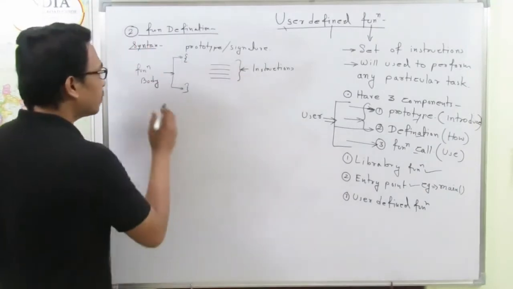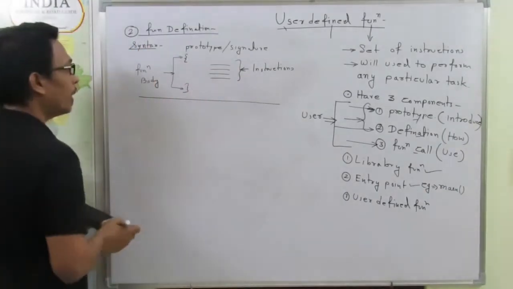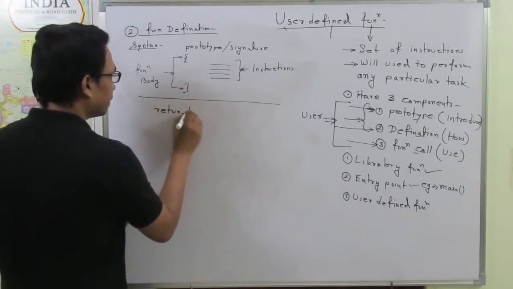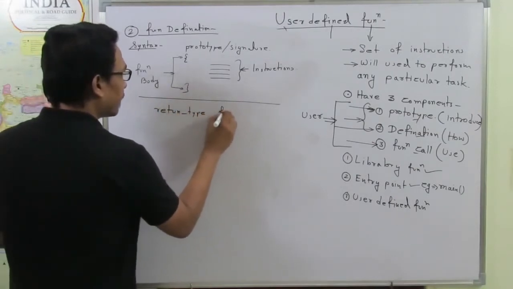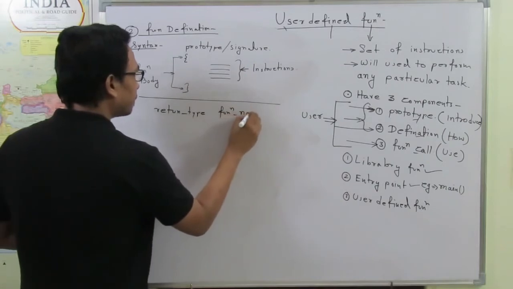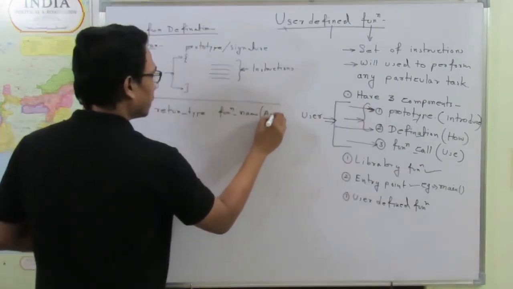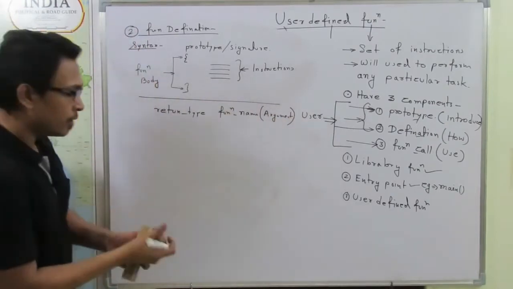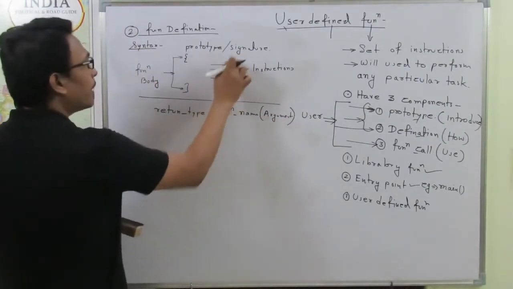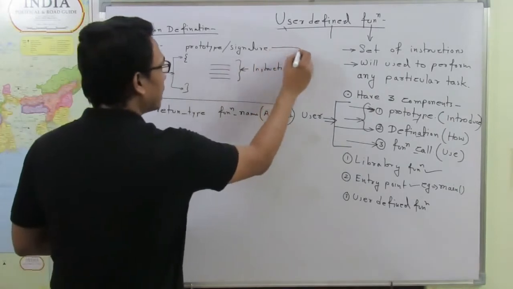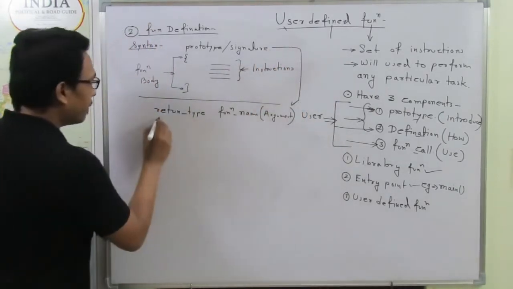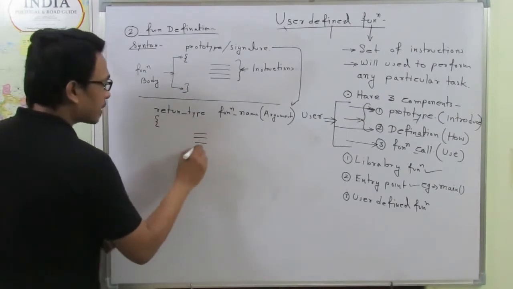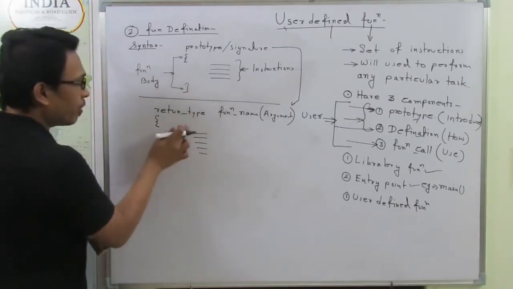So what will be the actual syntax? The actual syntax will look like return type, then function name, then argument. This is our prototype part or signature part. That means this is our prototype, and then the function body comes here. Within this function body, we combine all the instructions.